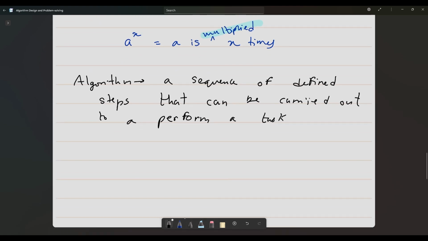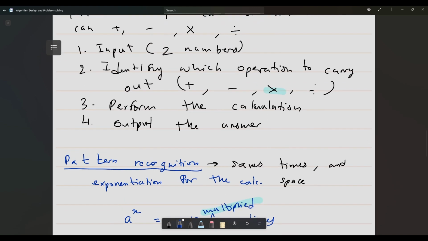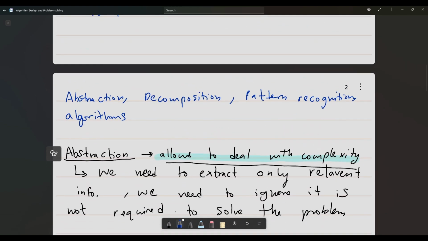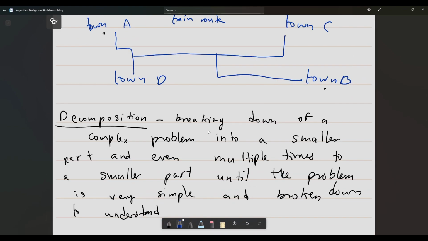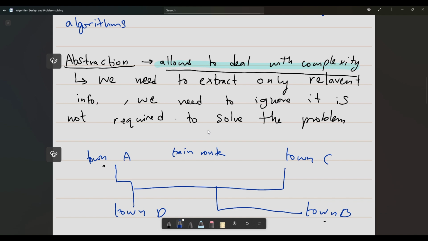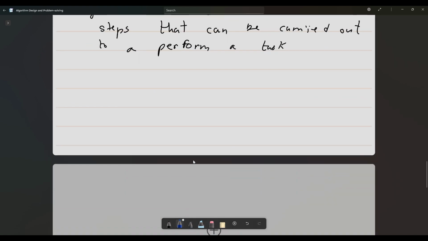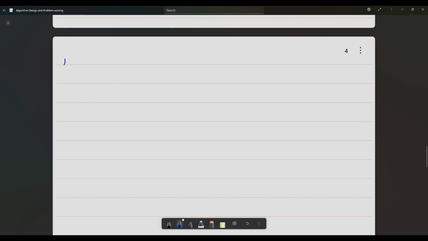Okay, so let me talk about the benefits of decomposition and abstraction. One of the benefits of abstraction is, remember the map example.